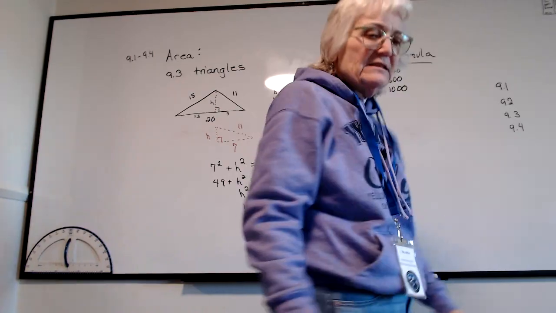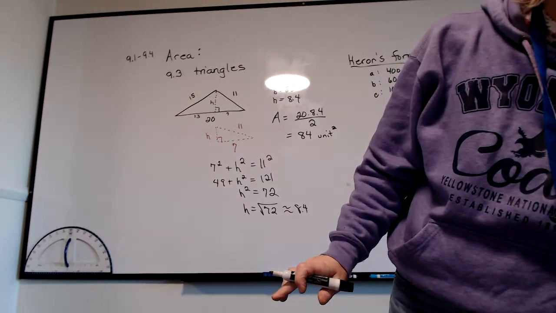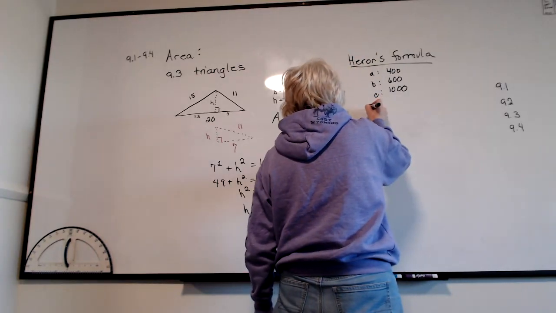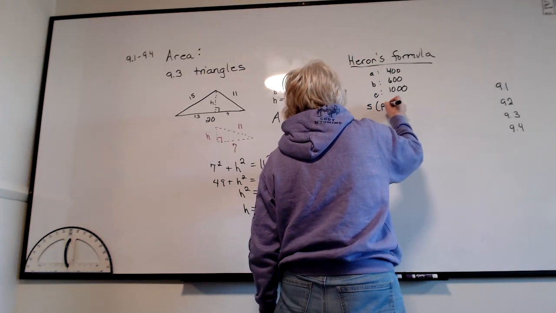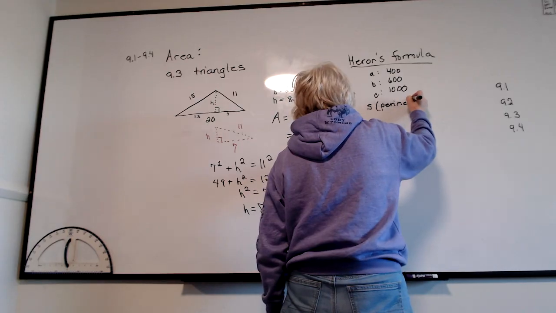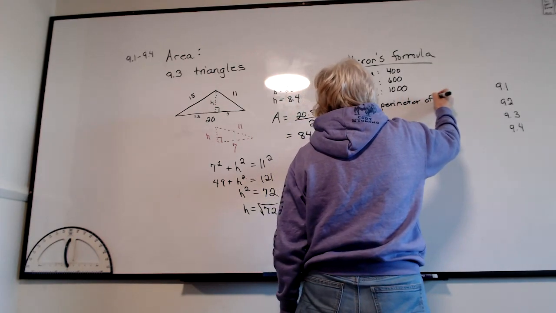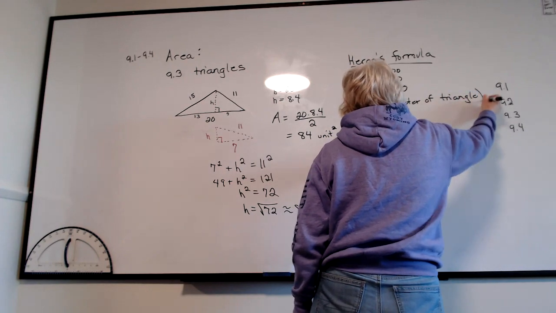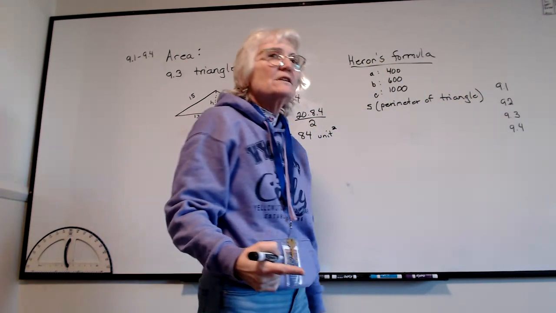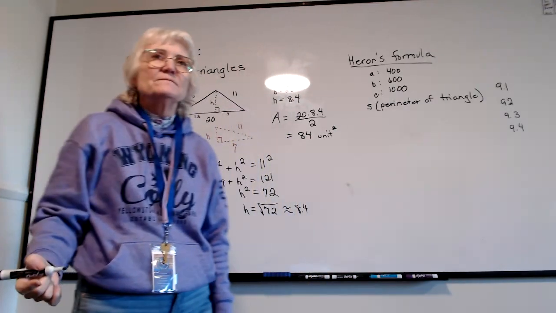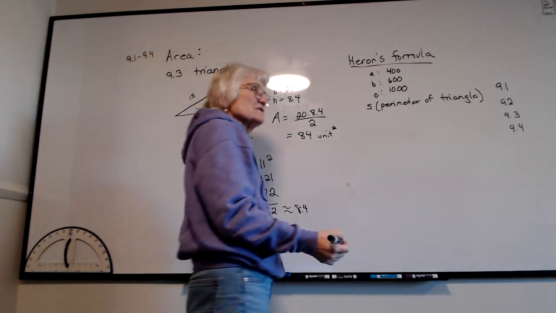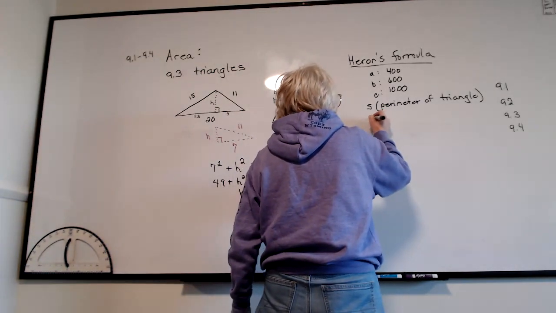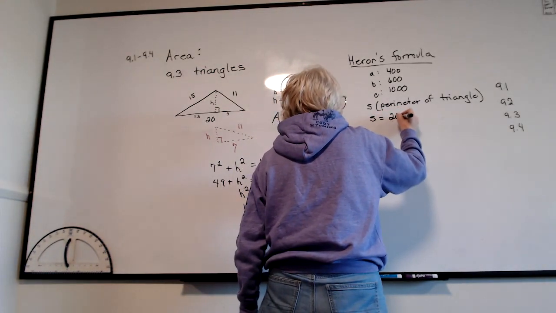Heron's formula says we have to know what S is. S is half the perimeter of the triangle. So in this case, what is my perimeter? 2,000, because it's 400 plus 600 plus 1,000.